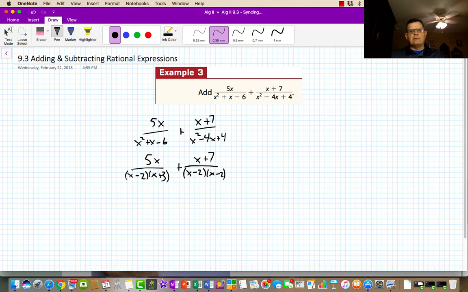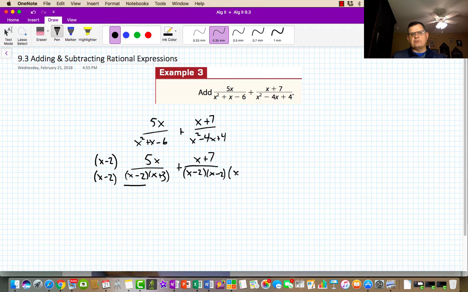So now what's a common denominator? Well, I have (x minus 2) to the 1 here, but I have (x minus 2) squared here. So I need another (x minus 2) here. But if I do that, I also have to multiply the top by (x minus 2), or I change the whole expression. Here I have an (x plus 3), but I don't have an (x plus 3) over here.